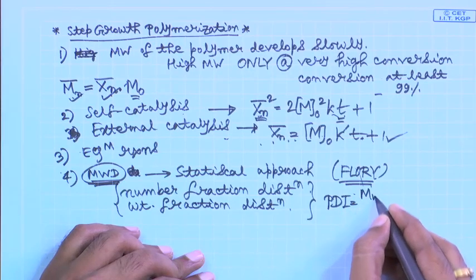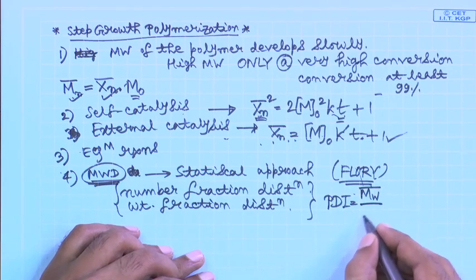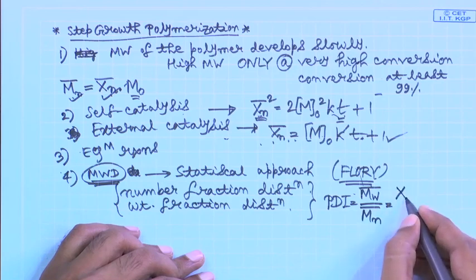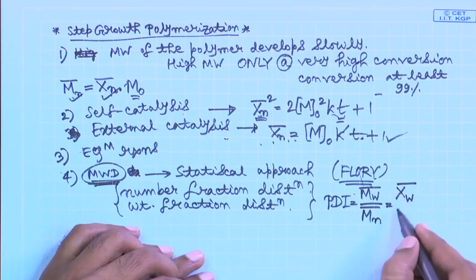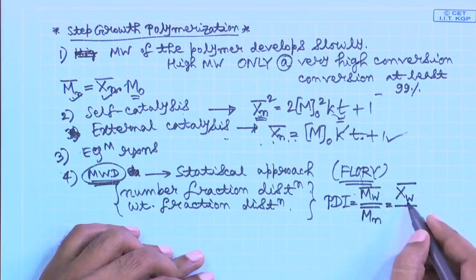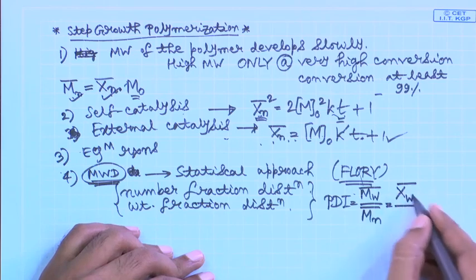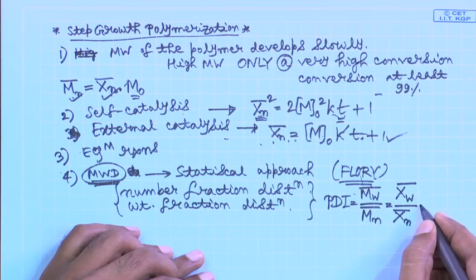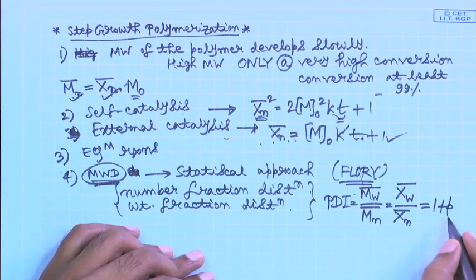So, those things we discussed, and then we came to a very important conclusion from there, that the PDI, polydispersity index, which is your weight average molecular weight divided by number average molecular weight, is basically equal to the weight average degree of polymerization divided by number average degree of polymerization, which was 1 plus p, p being the conversion.